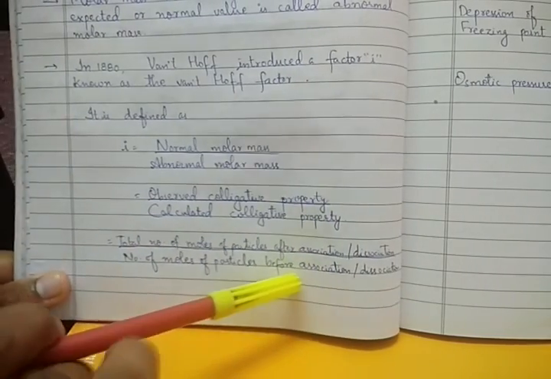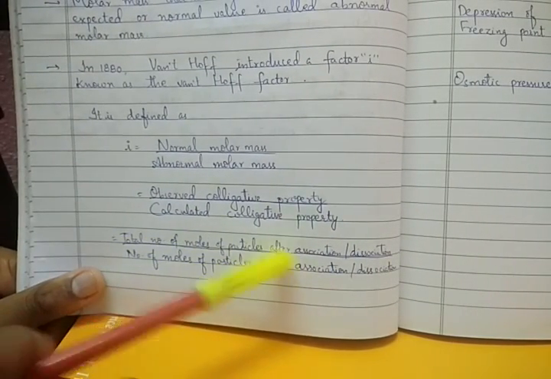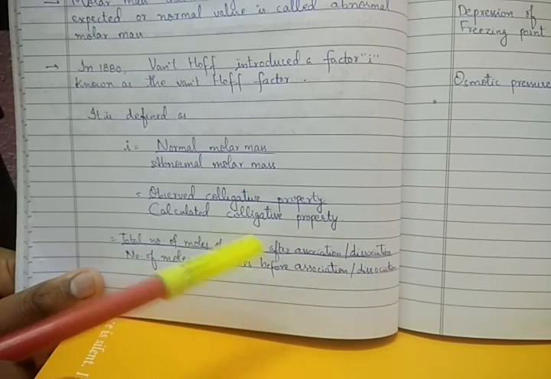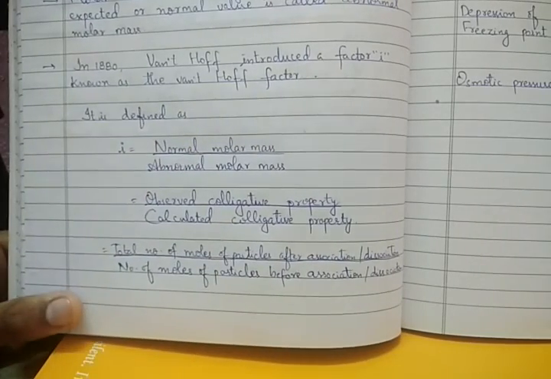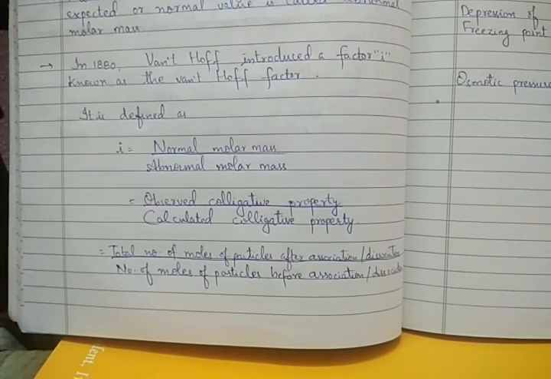Otherwise, there is one more method to find the value of i: the total number of moles of particles after association or dissociation divided by the number of moles of particles before association or dissociation. These are the methods by which we can find the value of i, the Van 't Hoff factor.